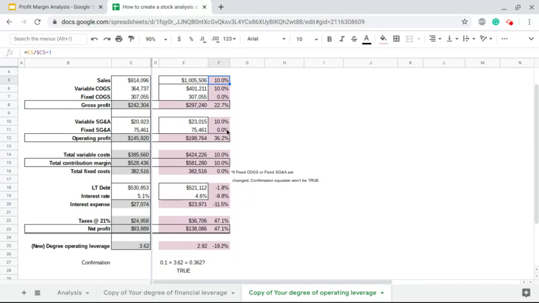Fixed costs aren't supposed to change. Again, they do, but for this concept, they aren't. So a 10% increase times 3.62 gives us an operating profit increase of 36.2%. Again, those fixed costs are resulting in higher sales theoretically, and the company's enjoying the benefits of that because it's leveraging up that small change in sales into a pretty significant change in operating profit. So that's the degree of operating leverage.